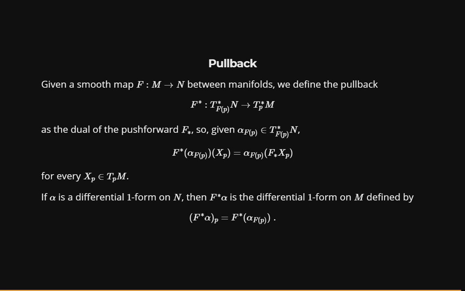This is done point by point, and if you collect all those at each point, you get a differential form on the origin space. So if you have a vector field on the origin, you can push it forward to a vector on the target. If you have a differential form on the target, you can pull it back to a differential form on the origin.